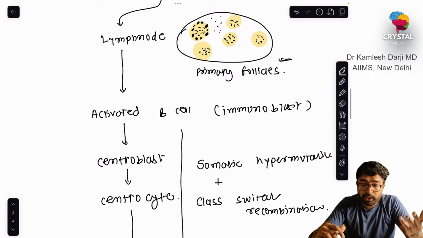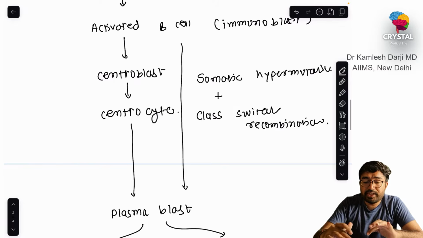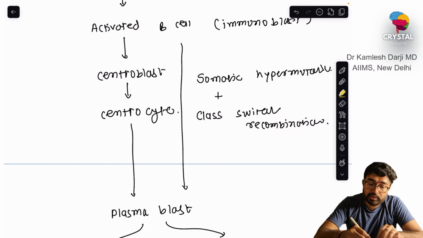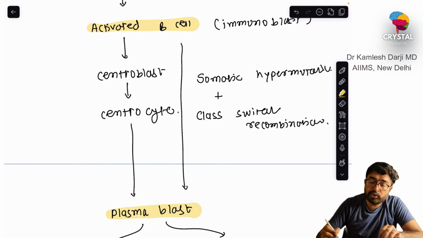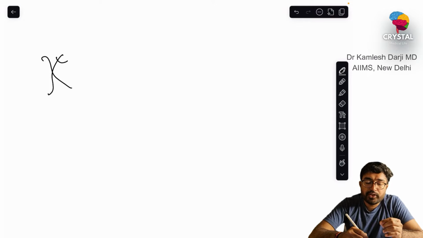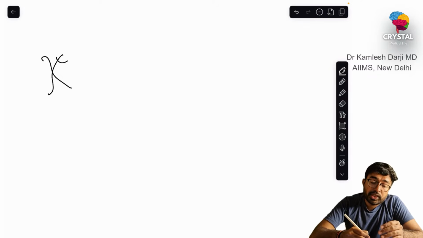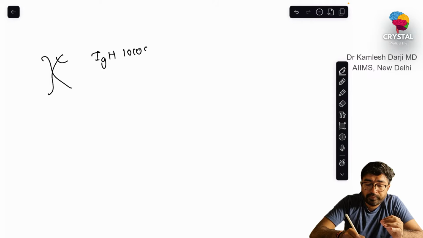But what happens in multiple myeloma, you have to understand this mechanism. When the activated B lymphocyte converts into the plasma blast, there are some mutations. During the class switch recombination and somatic hypermutation process, your DNA will break down at the IGH locus on chromosome 14q32.